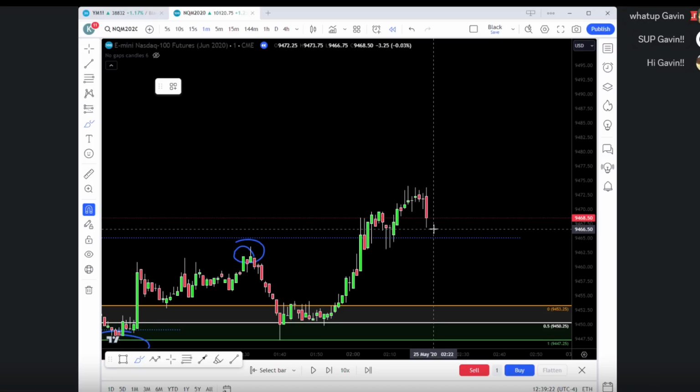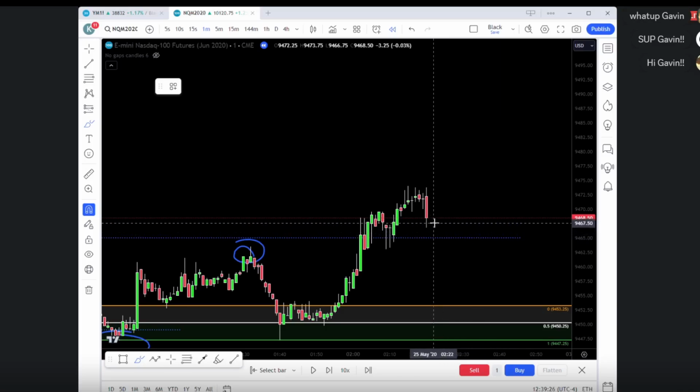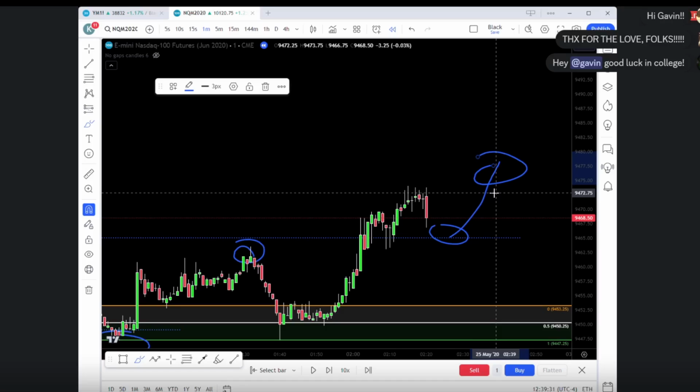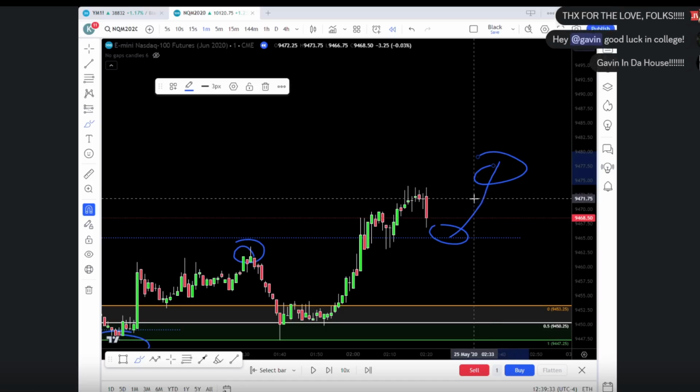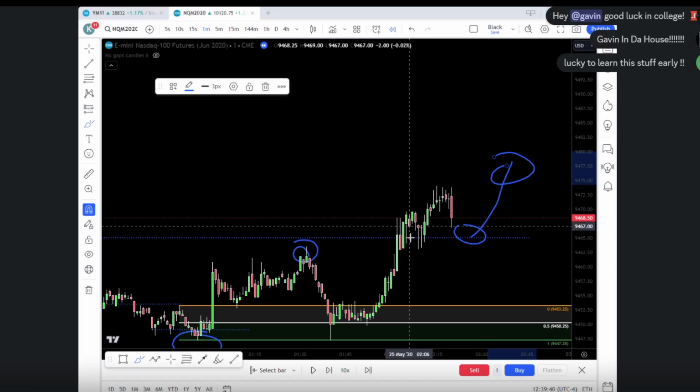hey, Gavin, what's up, man? If we can't put in a low that's going to put in a new high, now that we're at our maximum capacity swing count, right? We've just taken our key area.